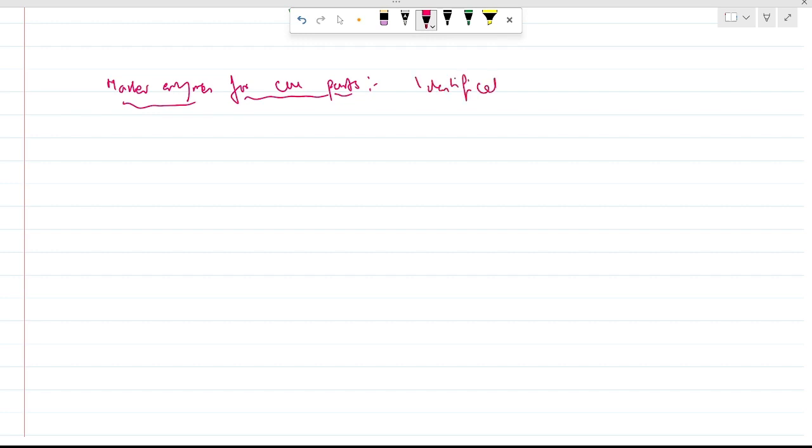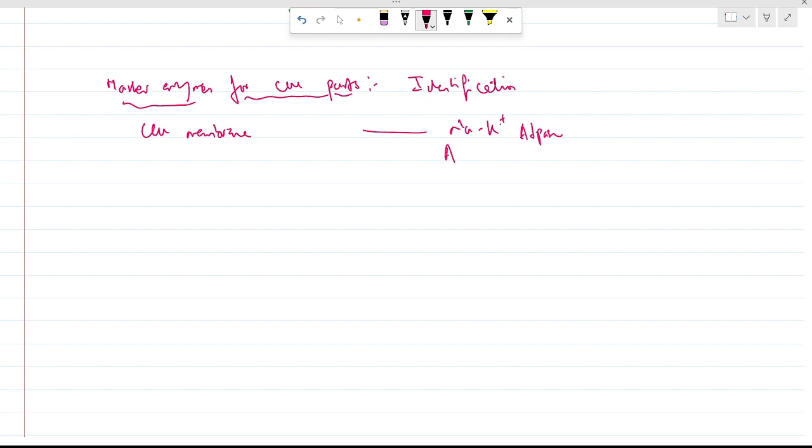For the identification of the cell parts, there are the marker enzymes. We're going to see some of the cell parts and the organelles. First one is the cell membrane. For the cell membrane, the marker enzyme is sodium potassium ATPase. Sodium potassium ATPase is present across the cell membrane, so this is a marker enzyme.